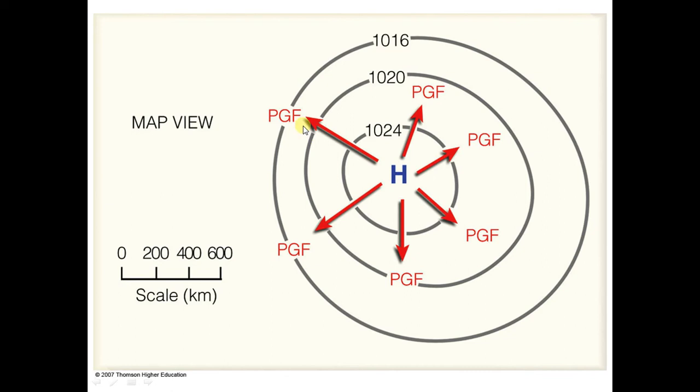It's stronger going from the center of the high toward the northwest compared to southeast. That's why this arrow is longer. Even though it still exists in this direction, the pressure gradient force is stronger going northwest compared to southeast. Hence, you would expect the winds to be stronger in this vicinity of the high compared to this vicinity of the high.